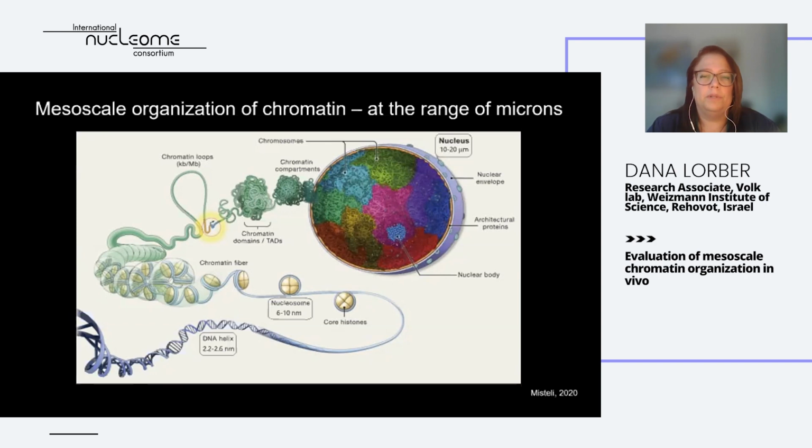The chromatin fiber is compacted again and again to allow packing of the 2-meter-long DNA fiber into a 10-micron diameter nucleus. We focus on chromatin's organization at the nuclear scale, also known as mesoscale organization, in contrast to the atomic or single molecule level, a difference of at least 4 orders of magnitude.